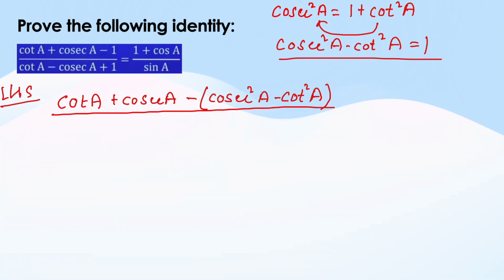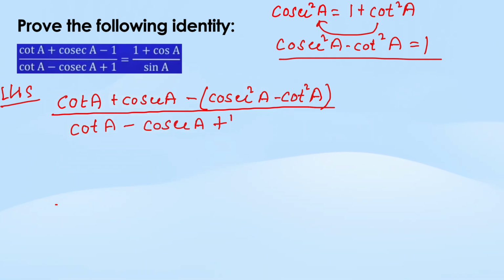Keep the denominator same. Don't change the denominator, because you have seen in the last question as well that after putting the value of a square minus b square as a plus b, a minus b, and taking the common, we try to cancel out the denominator. So don't change the denominator, okay? Keep it as it is.